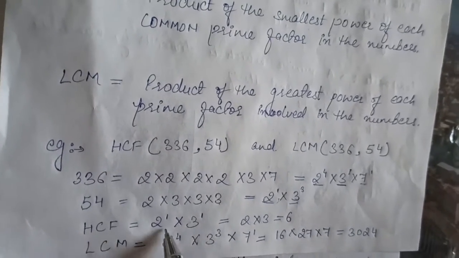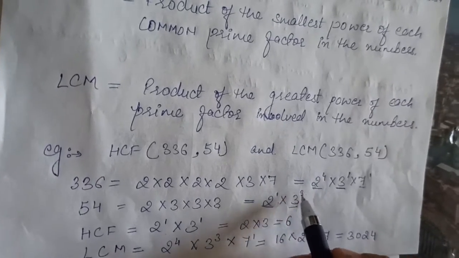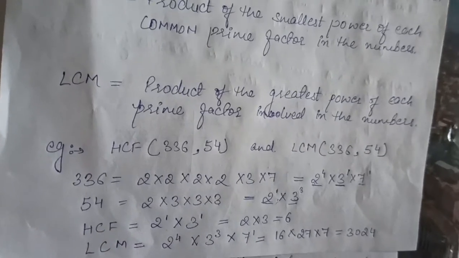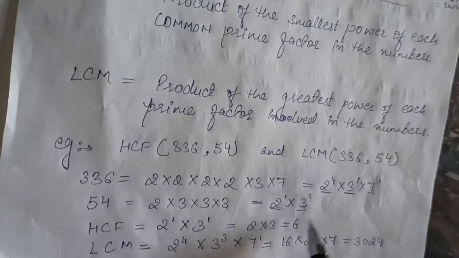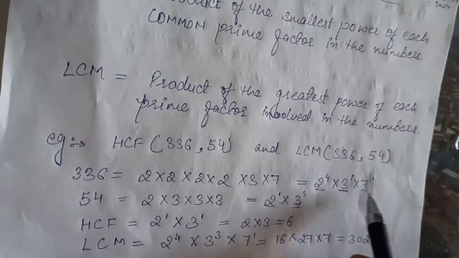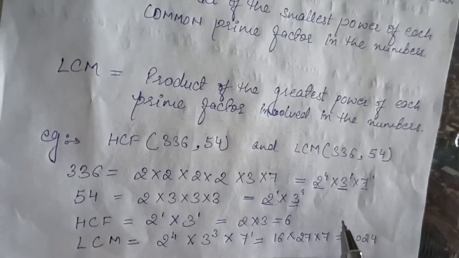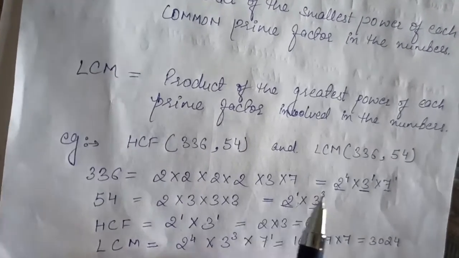For HCF, we will see the common factors and take the smallest power of the common factors and multiply them. And for LCM, we will consider all factors, take the highest power of all the factors and multiply them. Is it clear to you?